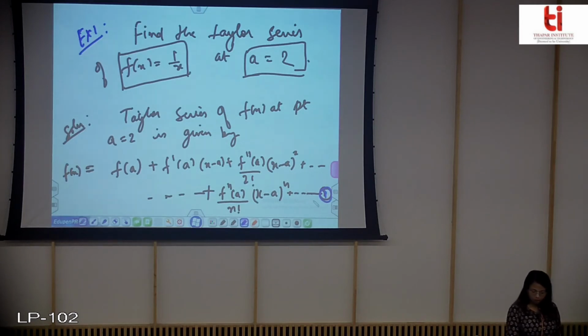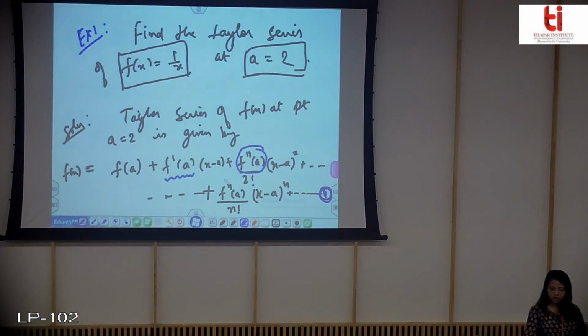So now what I need to find is f'(a), f''(a) and so on, and f(a).